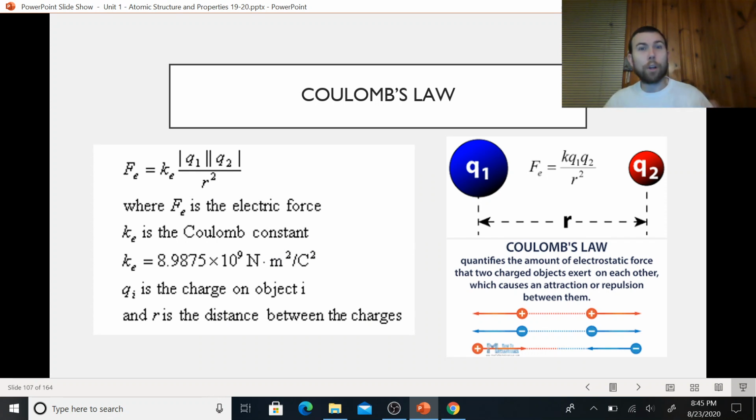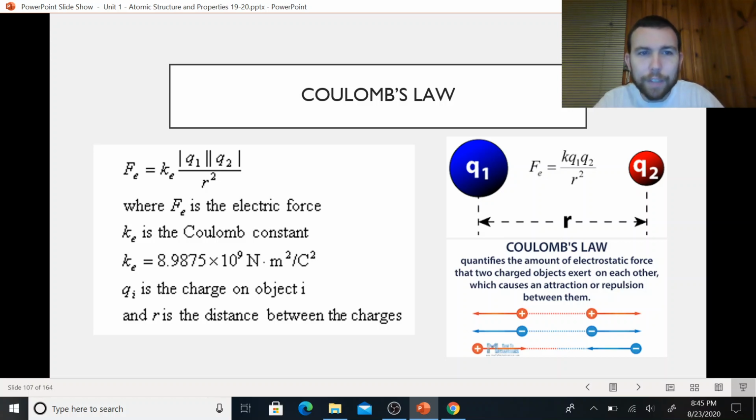Hopefully you paused the video and were able to work through the silicon problem and figure out the number of core versus valence electrons. Coulomb's law is this last piece that I want to tie into electron configuration. As you can see, we've got this formula here.